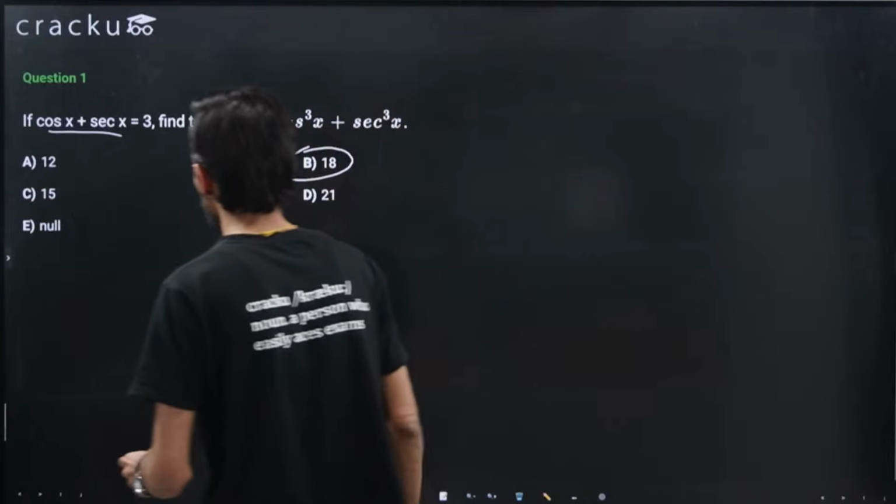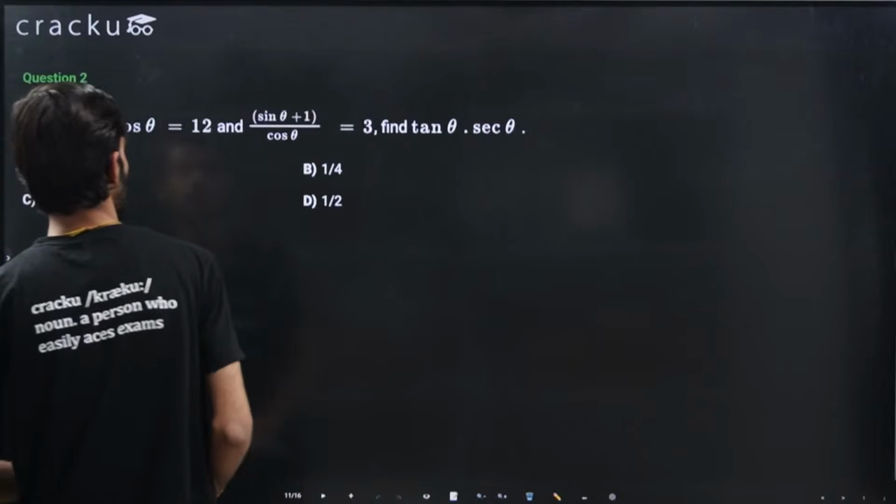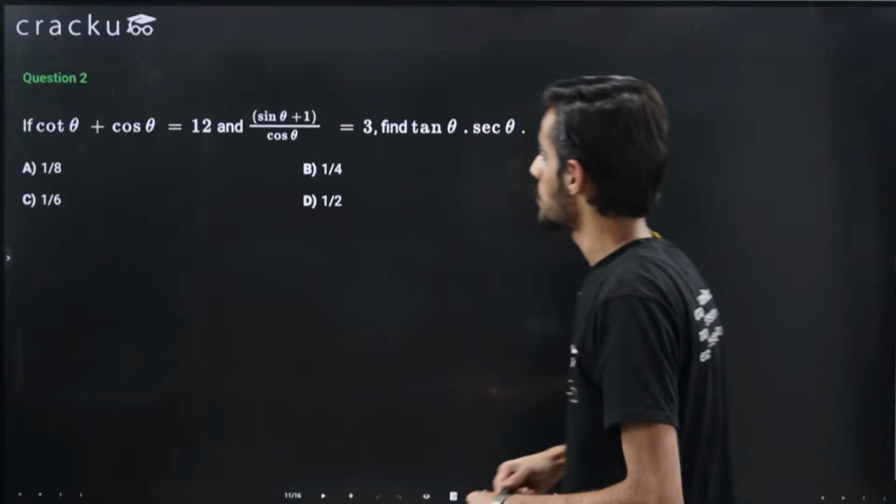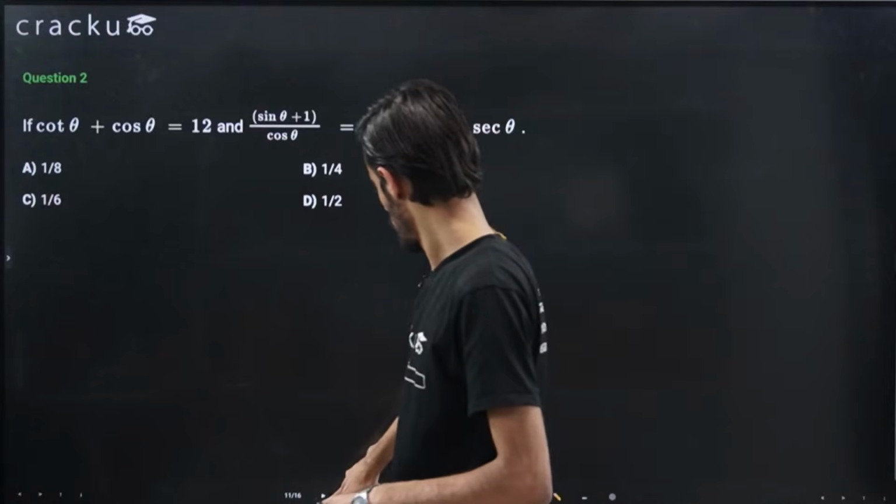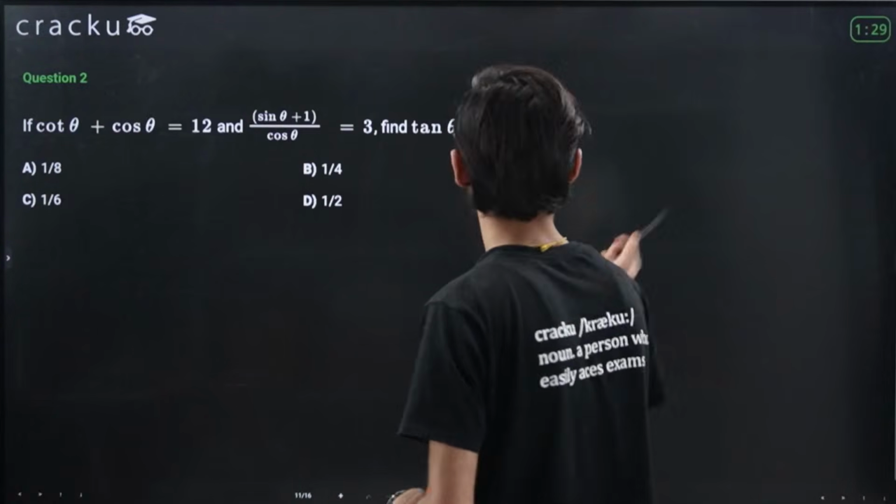Moving ahead to the next question. Try this. This is also based on trigonometric identity. You have 90 seconds for this question.